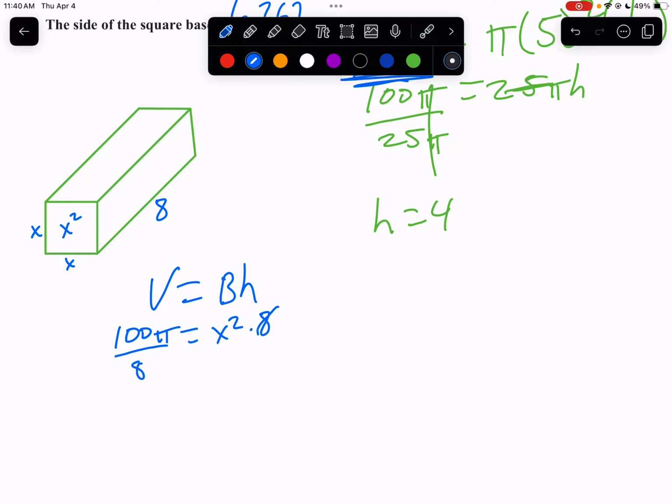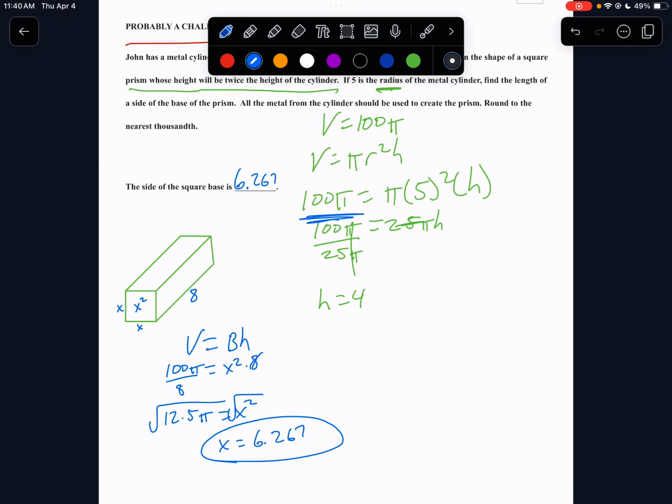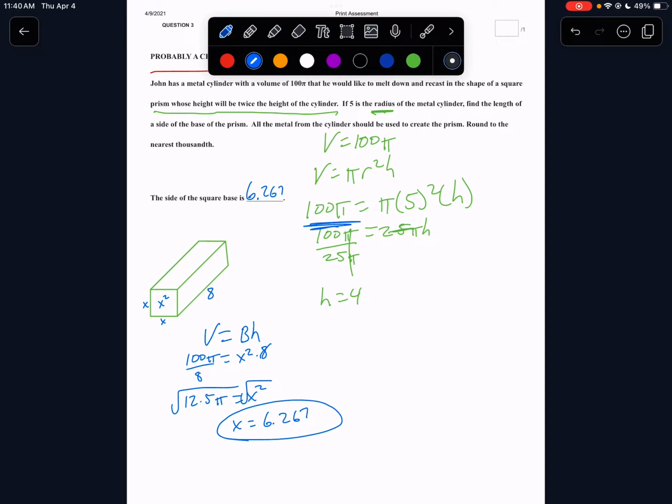That'd be 12.5 pi equals x squared. And then we take the square root. So the square root of 12.5 pi equals 6.267. And it says round to the nearest thousand. So 6.267 is our answer. Yeehaw!